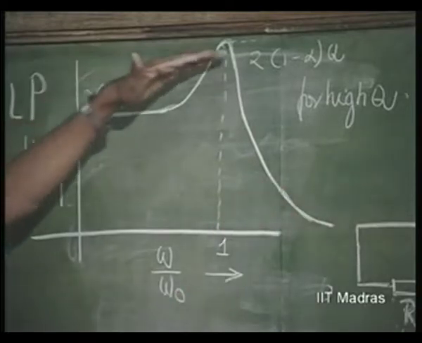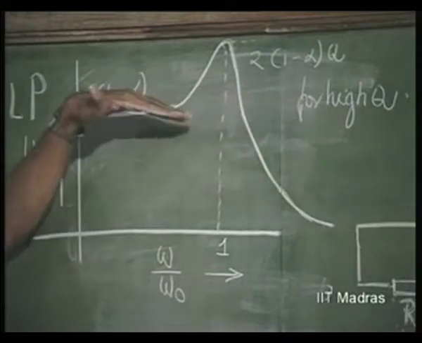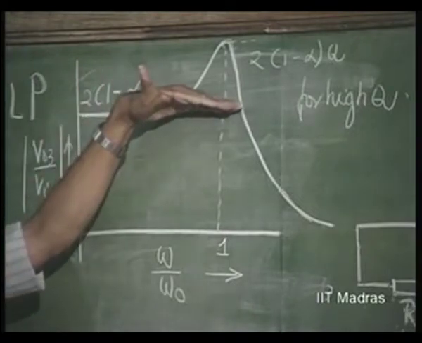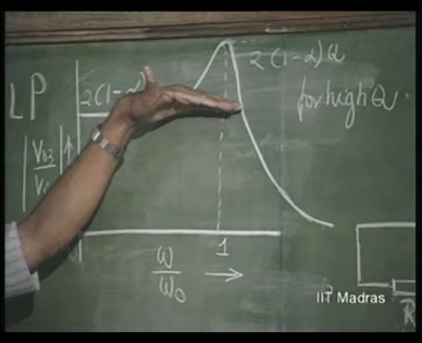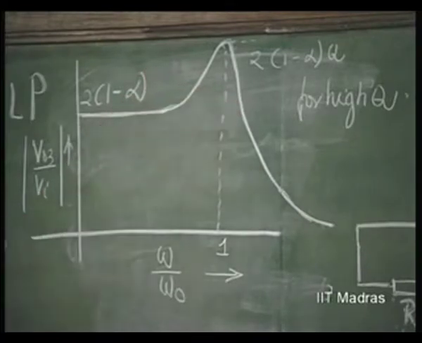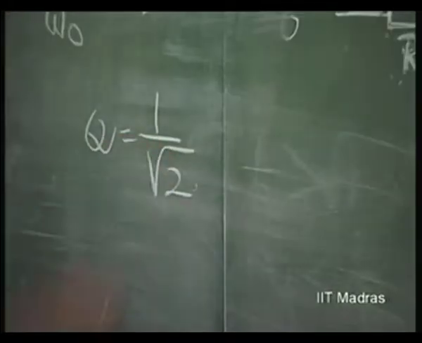This peaking can be reduced based on the value of q. I can make it maximally flat also. That flat over the maximum distance can come about for a q equal to 1 over root 2. So, you can say q equal to 1 over root 2, maximum flatness, that is it will be flat even here.